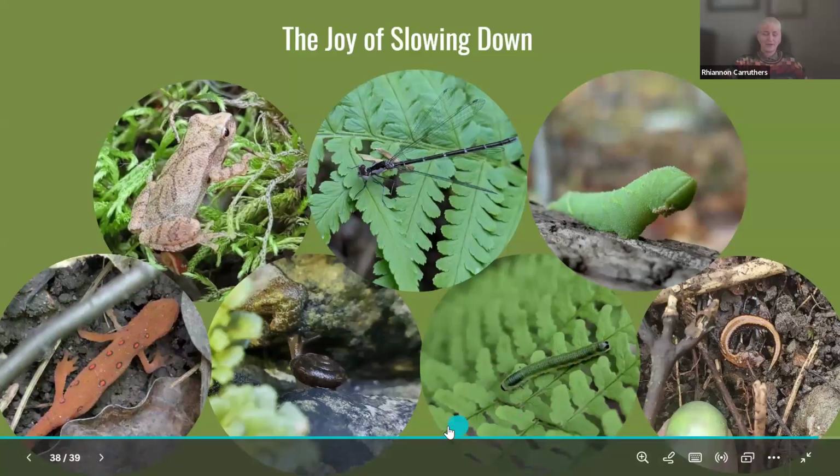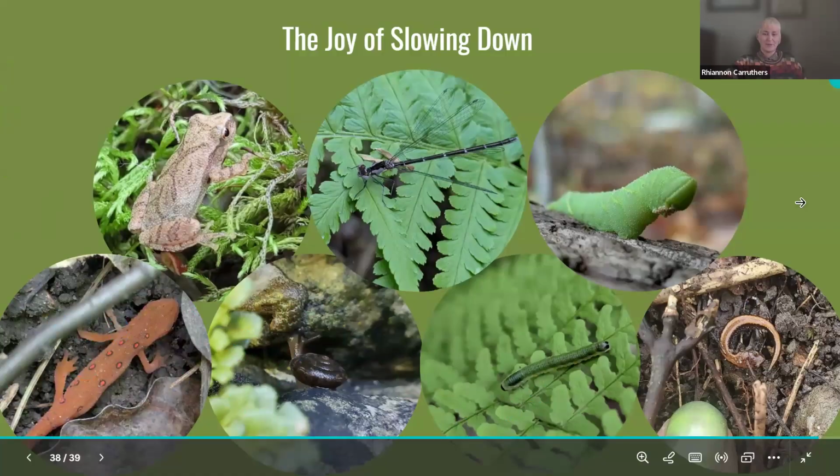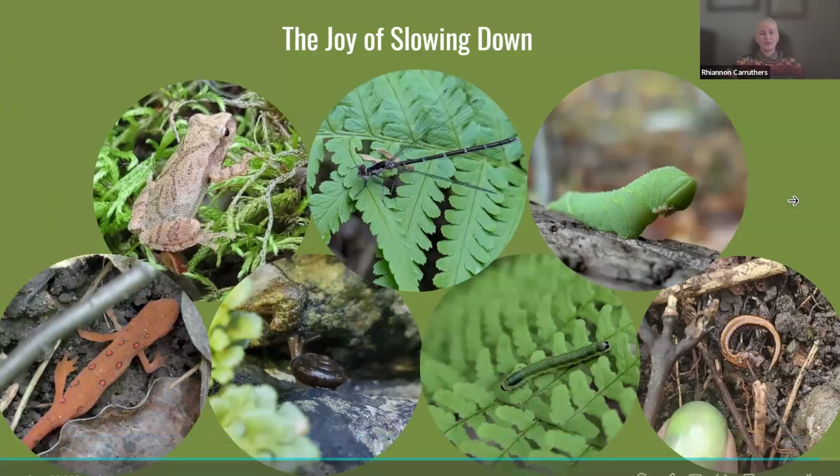We've got a cutworm moth here. I was taking a photo of a rare walrus and found this little guy who's having a snack of lichen in the background. And then similarly, we've got a newt here. So when you're looking at ferns, you'll be able to also see all these other little critters.